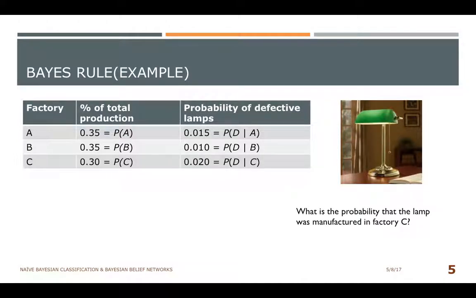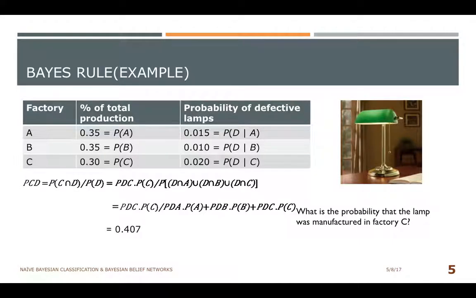So how will we find the probability that the lamp was manufactured in factory C? We will find it using the Bayes rule. Here is the simplest formula of the Bayes rule.